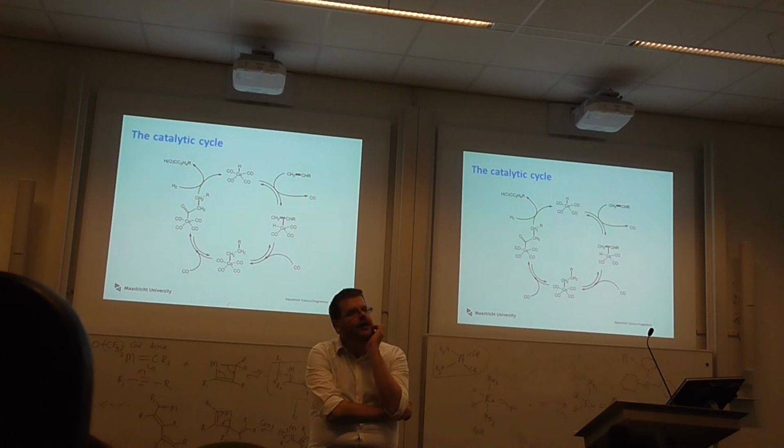All right, what's happening in the second step? Yes. Two things are depicted there. The first is that we have a CO going on, basically, and we have alkene insertion into the hydride. So we end up with what? We end up with a cobalt alkyl group.